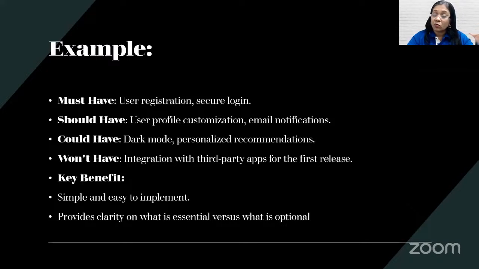So a typical example is given. The portal is expected to get integrated with other third-party apps, but we are not doing that for the first release. We have deferred it to the next release. The key benefit of MoSCoW here is it's a very simple technique and very easy to implement. It provides clarity on what is essential versus what is optional, what is absolutely necessary.